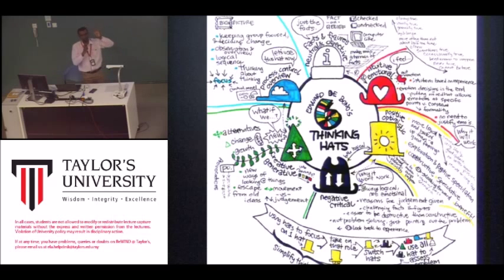Then the implications of whatever you find out from the 6 thinking hats, it's possible that we can use some of these ideas for your next assignment. Each lecturer will have their own strategy, their own suggestion as to the problem statement, or you can brainstorm and come up with your own problem statement.